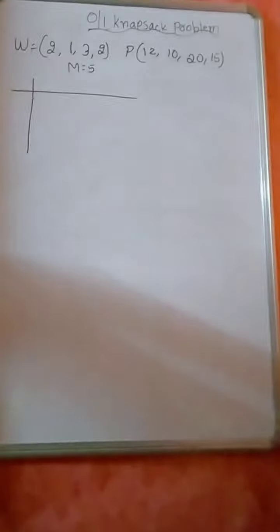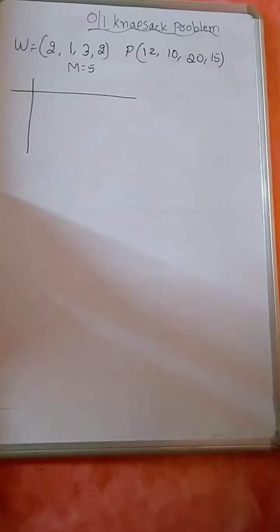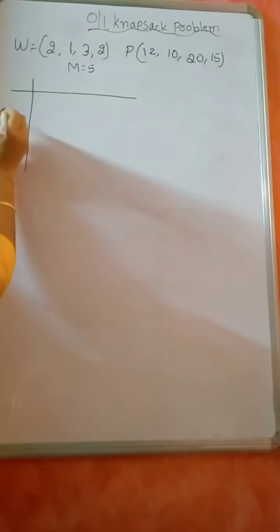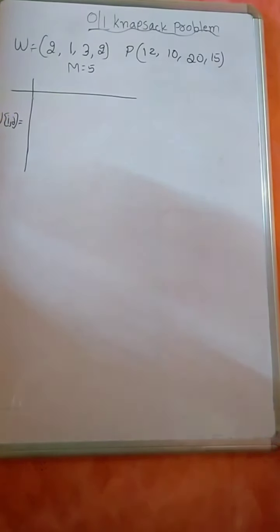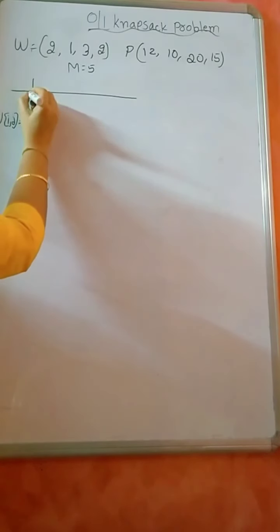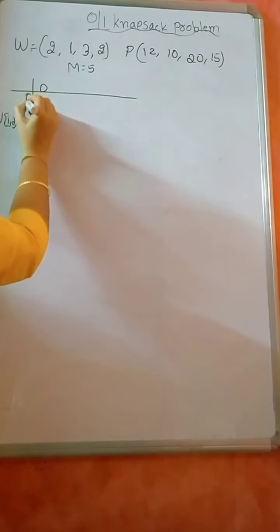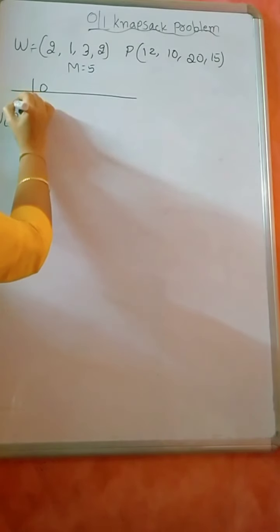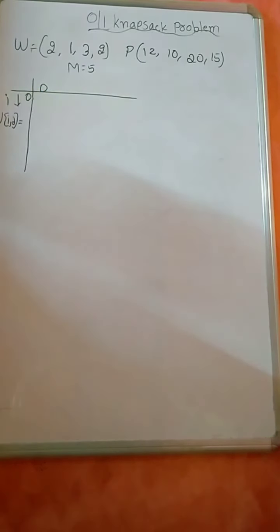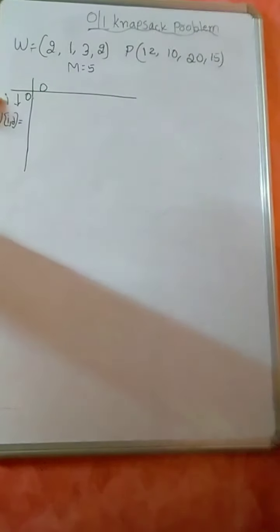All of you know how dynamic programming works. First I consider the first object, solve it. Whatever result I get, I use it for solving the next object. That is what you will be doing. So this is my V of ij. I'll start with 0.